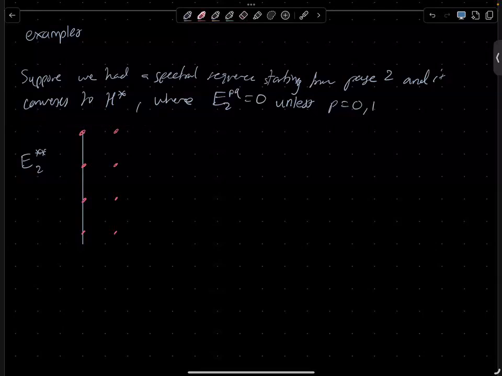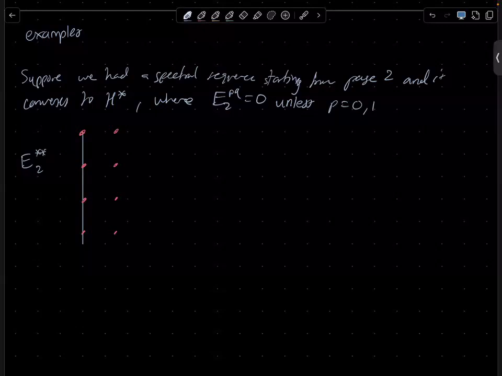Yeah, so it looks like this, and this is the E2 page. So what are the differentials? They're the chess knight moves. For the red nodes on the left, they go out to nowhere, to 0 modules, so I'm not going to draw those in. The same thing with the ones on the right. So every morphism here is a 0 morphism.